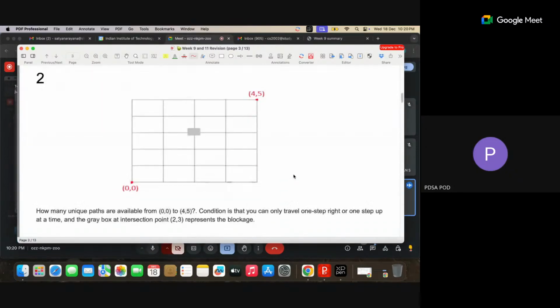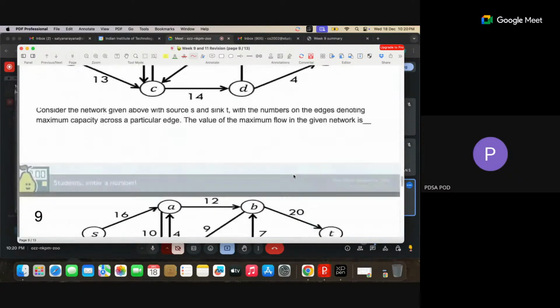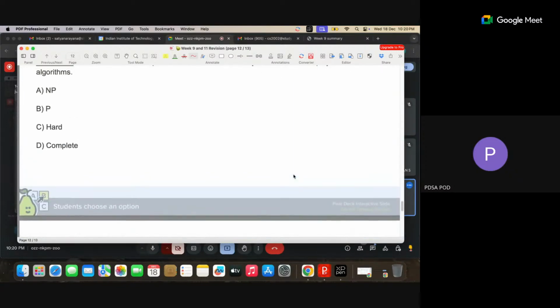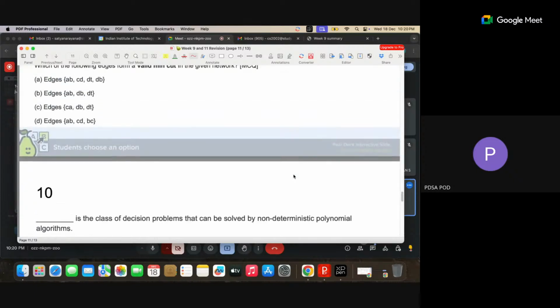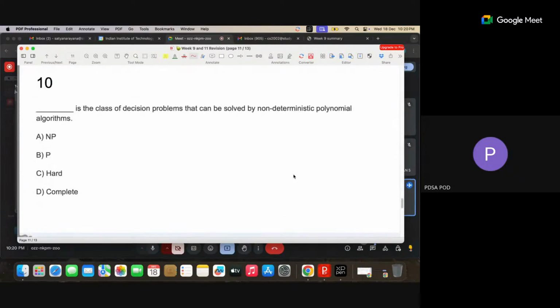Some part of exponential problems are solved. You can check it in the week 11 open session.